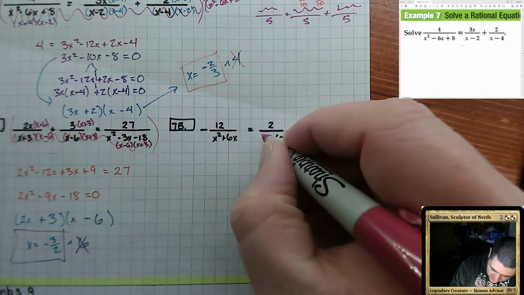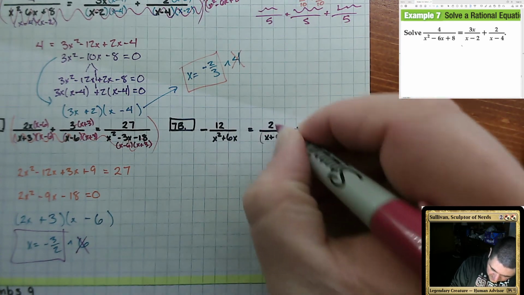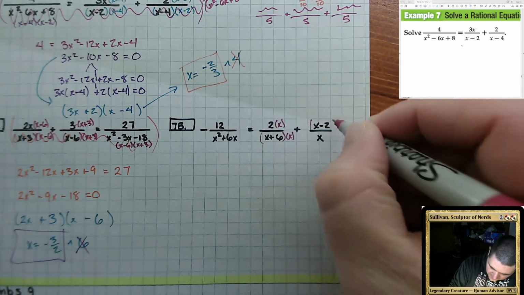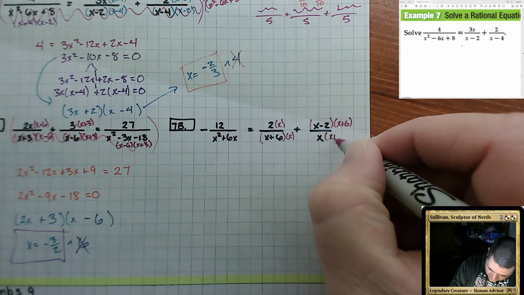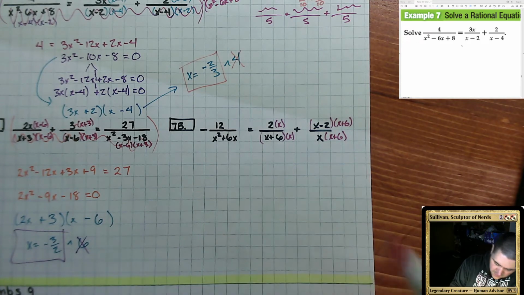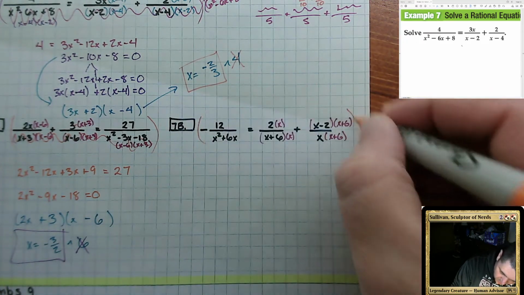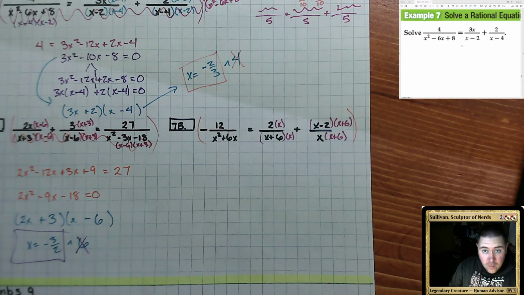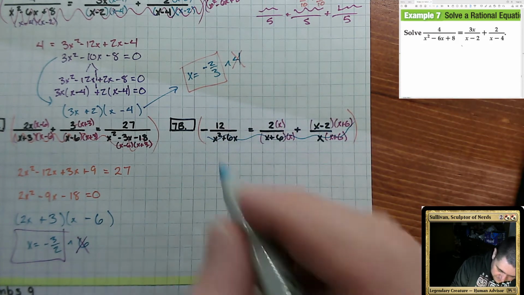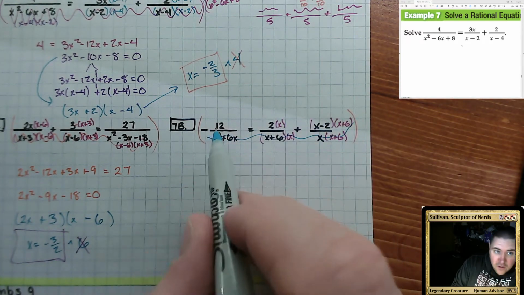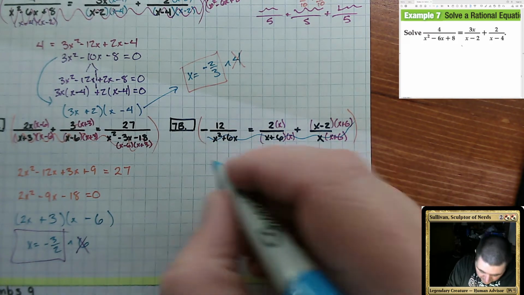Do it again. This guy is missing just an x. This guy is missing an x plus 6. Again, if I multiply the whole honkin' thing by x squared plus 6x, then all that denominator goes away, leaving me with, careful, that negative is still there.